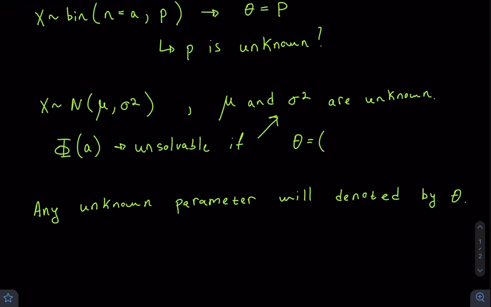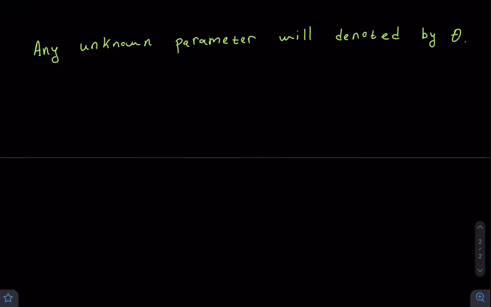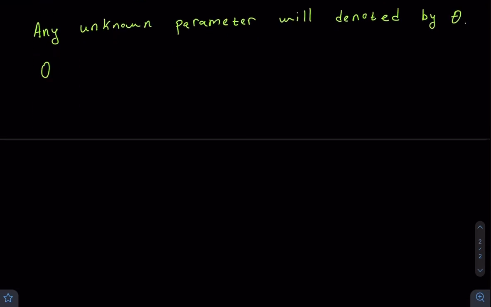And the way we list that out is as a vector of points, where the first one is our mean and our second is the variance. And if we had a distribution where n parameters were unknown, then our unknown parameter theta would be a vector of n unknown parameters, and so on.